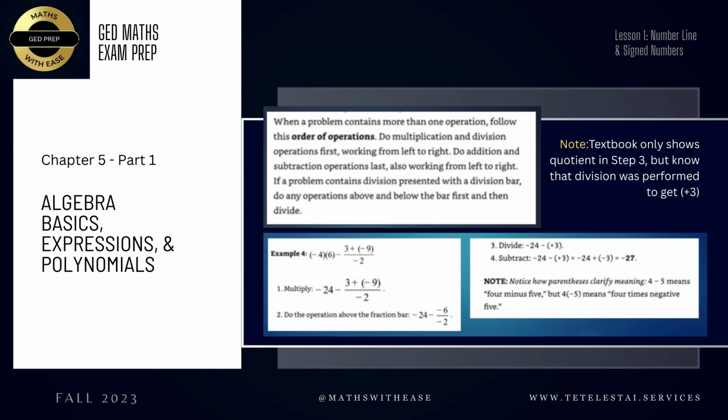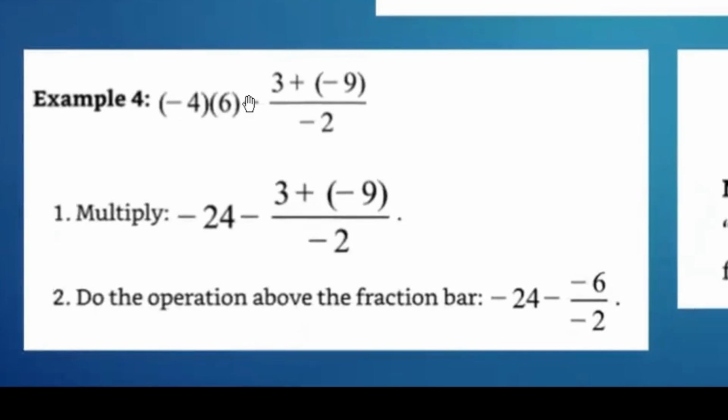If you decided to multiply -4 by 6 and then subtract 3 and then add 9 and then divide everything by 2, your answer would be wrong. You can see here that this division sign only applies to these two numbers right above it. It doesn't apply to what's on the left.